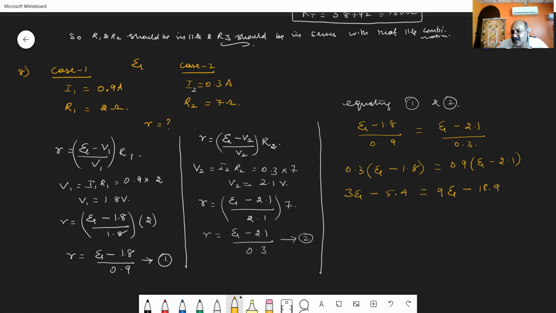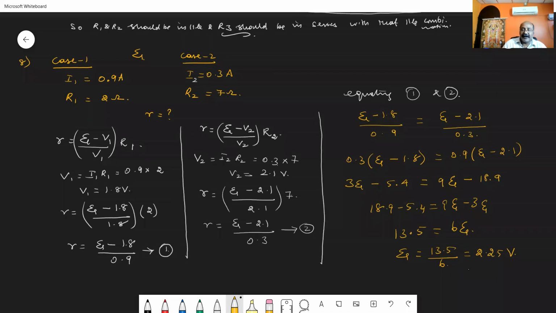Simplify, take this 3E to the other side, 9E minus 3E. Take this to the other side, 18.9 minus 5.4. So here I will be getting 6E equal to 13.5. So E equal to 13.5 divided by 6. What is its value? 2.25 volt as its answer. Isn't it? EMF is 2.25.